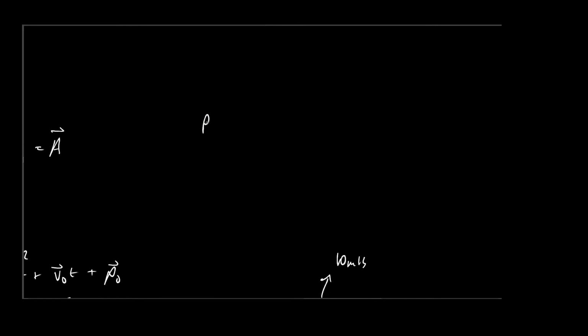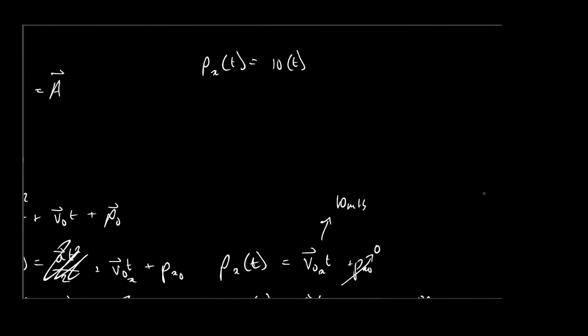equations p naught x as a function of t equals v naught x t plus 0. So it's just 10t. Px of t equals 10t. There we go. And double checking if I'm right. I am right.